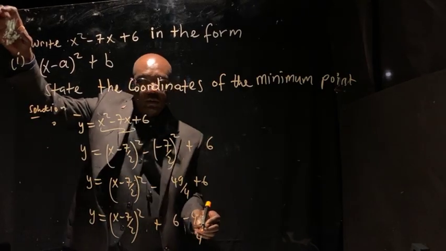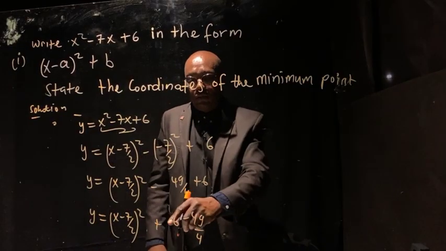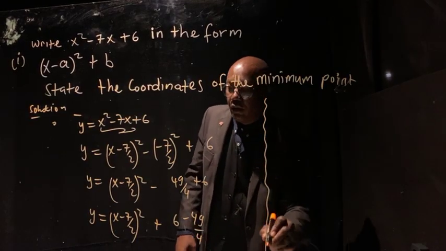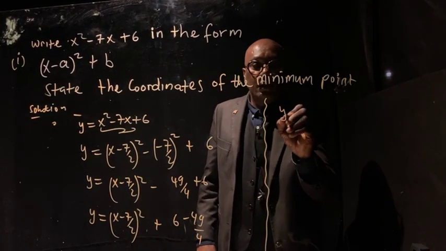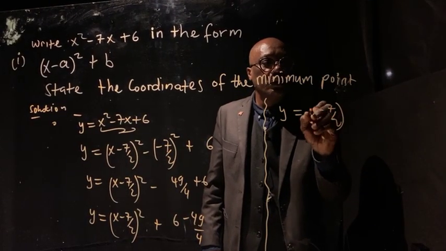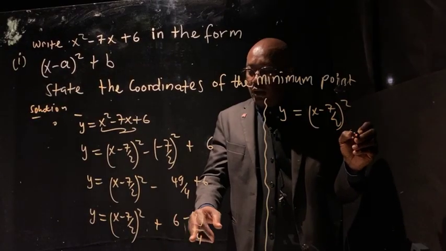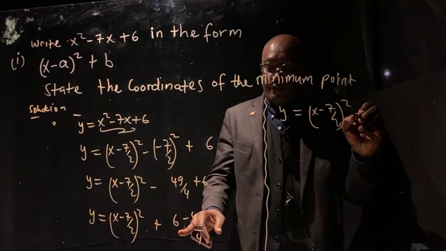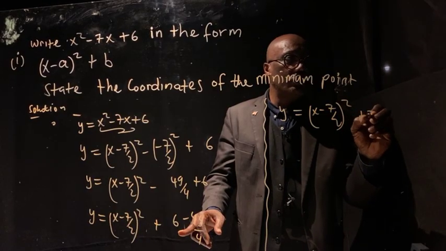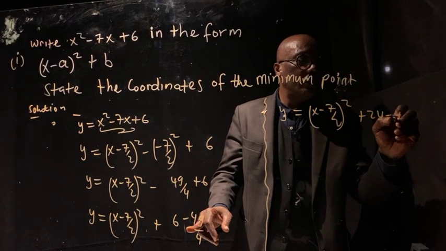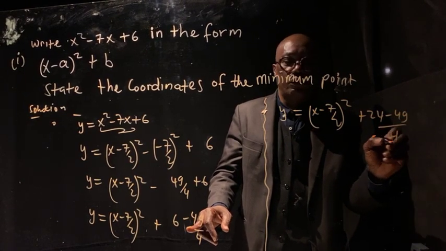If we continue from here, we will have y equals (x minus 7 over 2) squared, 6 times 4 is plus 24, minus 49 over 4.